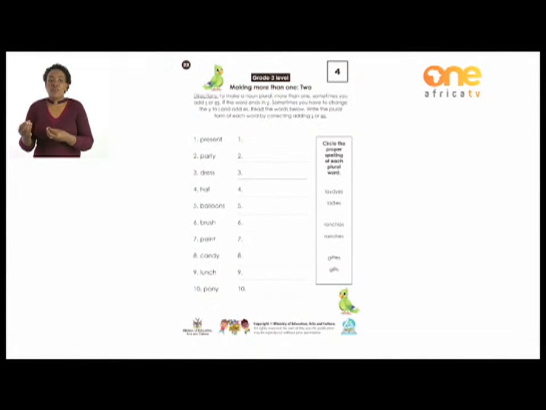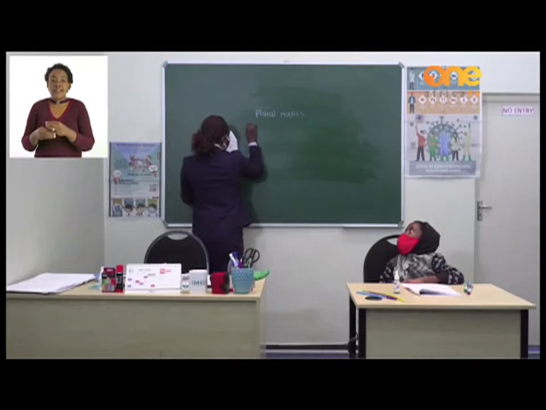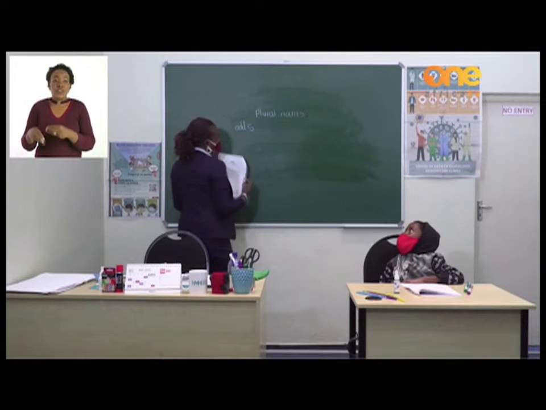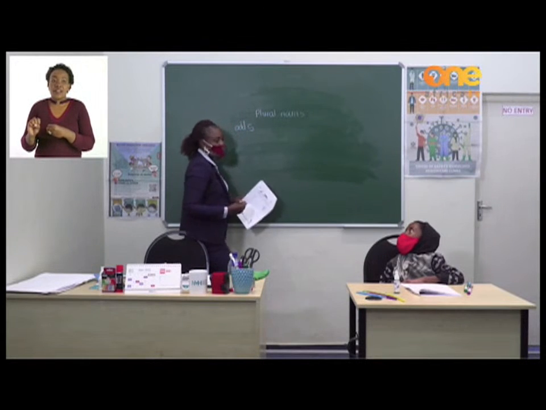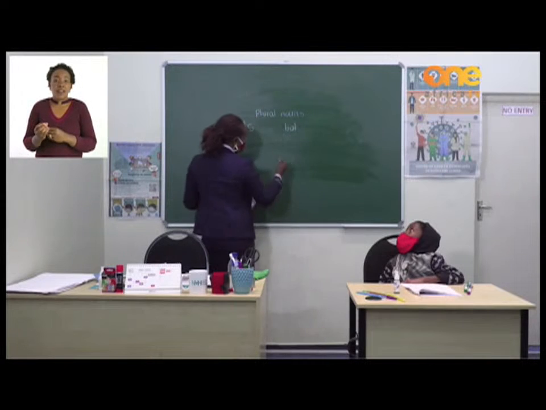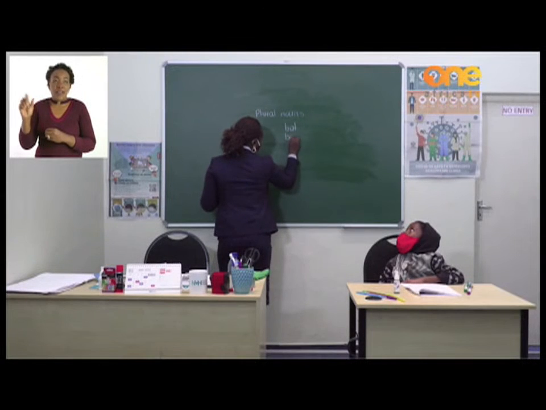So there will be two, there can be three, okay. In some plural nouns, we add S, okay? Just add S to make the noun plural. For example, we have a bat. So we say bats.